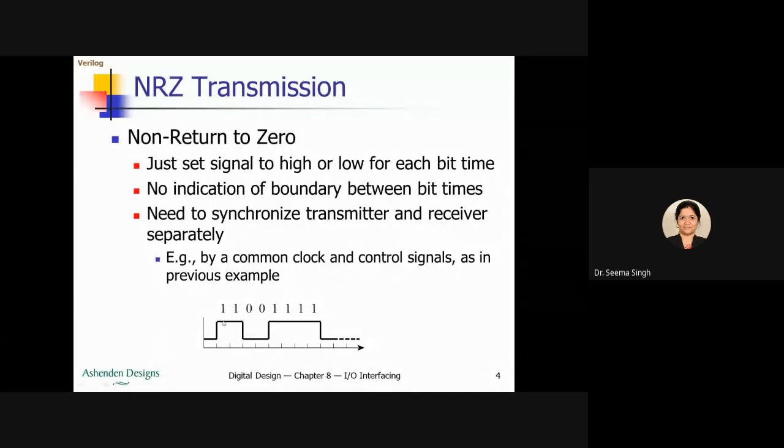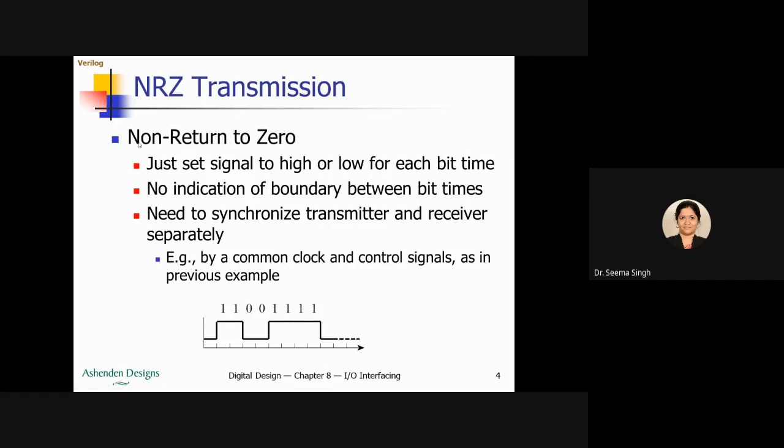See here, when you have 1 1 0 0, the level of the signal is at some specific level. But when there is no signal transmitted, then it will be 0. 0 means this will be the level, and if it is 0, then it will be at this level. That is why it is called non-return to 0. So this is one type of transmission.